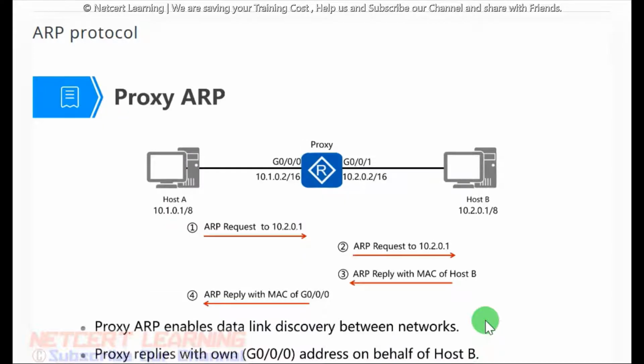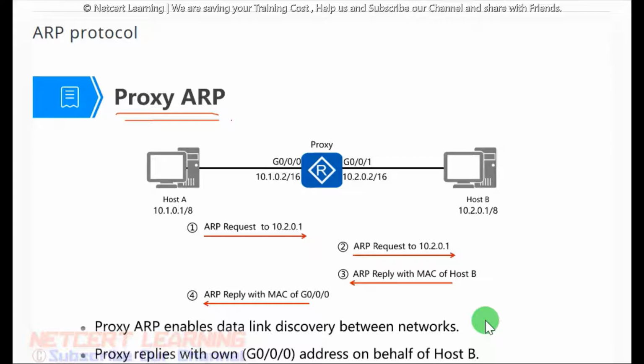This is the common process of ARP, but sometimes we get some special ARP processes. There are two special ARP processes we discuss. First is proxy ARP. As we know, the ARP request is sent by broadcast.